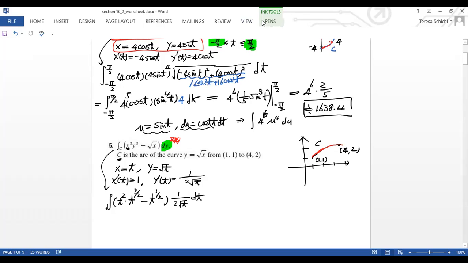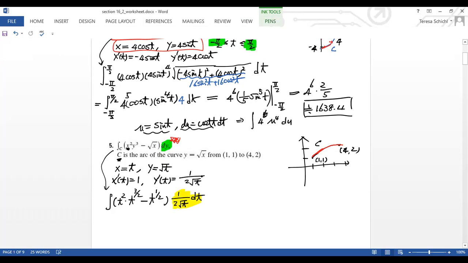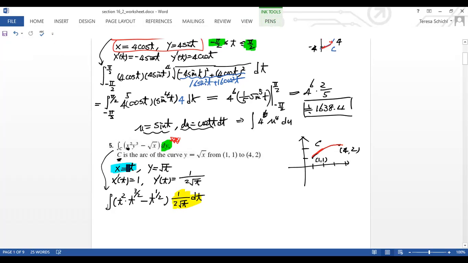Okay, so this part you need to be careful, right? Because this is a dx. And then the next thing here is, where is my range for t? Because I have defined x equal to t. So my t varies from the x components, right? So my t varies from what? 1 to 4 here.